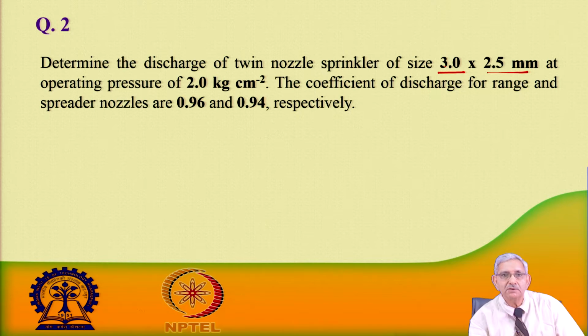This is a twin nozzle system, and this sprinkler head is operating at 2 kg per square centimeter pressure, and the coefficient of discharge is 0.96 for the range nozzle and 0.94 for the spreader nozzle. So, CD is known to us.